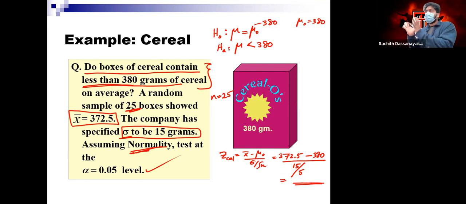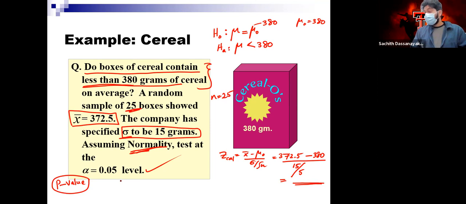Now you have Z-cal, and you can decide which method to use. It doesn't matter which one you use; you will get the same answer. Let's say you use the p-value approach.